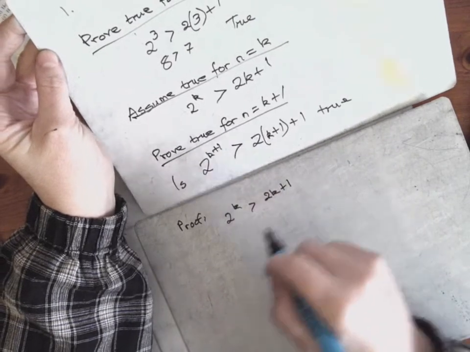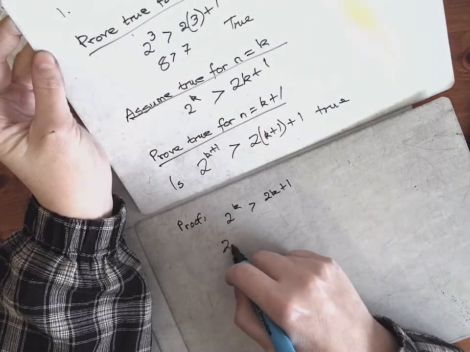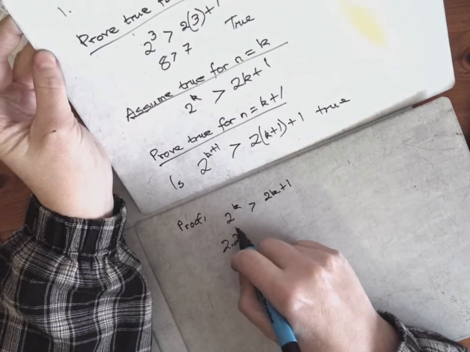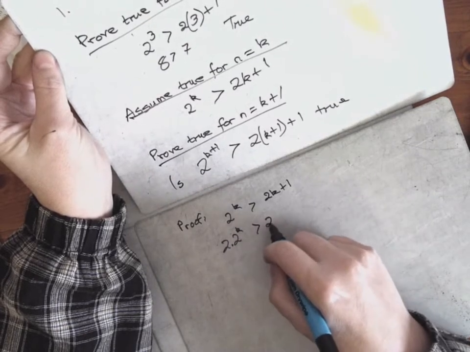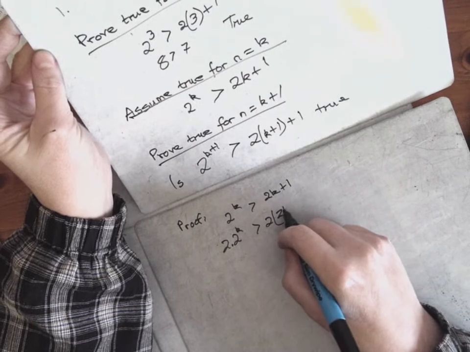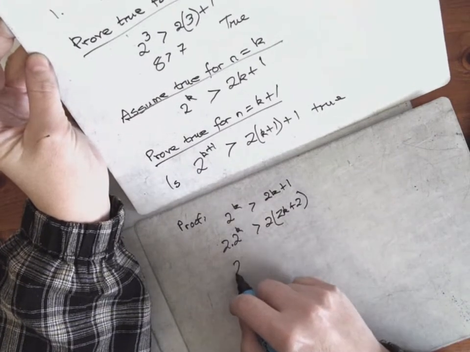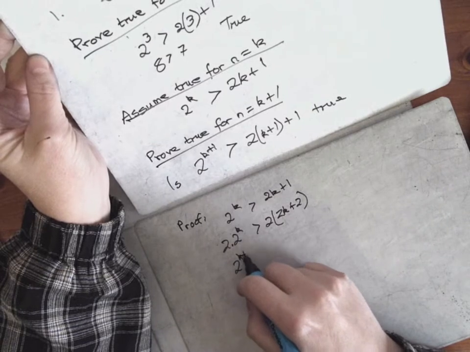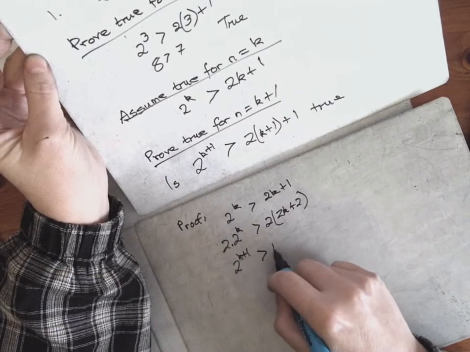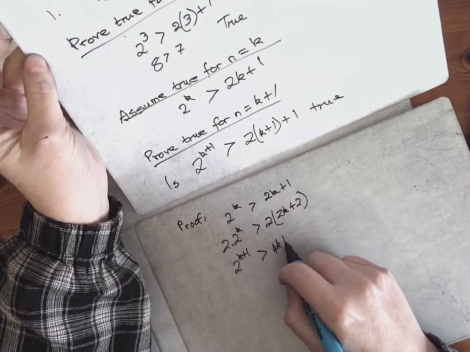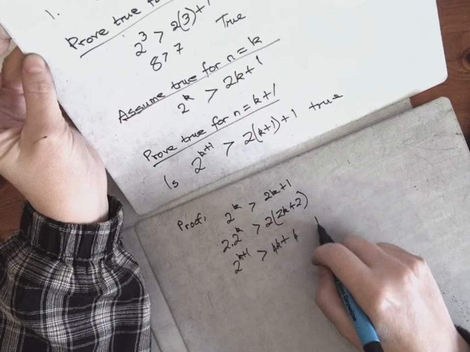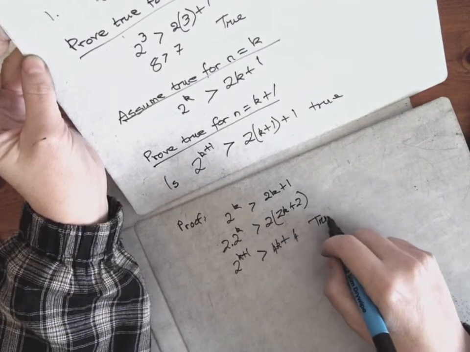If we multiply each side by 2, it's still true. So I've multiplied both sides by 2 and it's still true. So 2 to the power of k plus 1 is greater than 4k plus 4. This is a true statement.